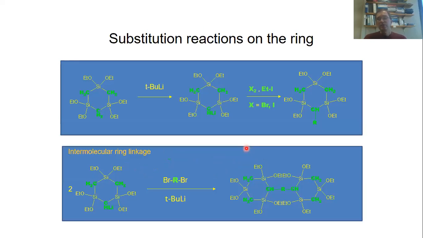All right, so this chemistry is even more versatile because the CH2 groups that bridge that ring have the property to be slightly acidic. So you can actually lithiate them with a strongly basic agent such as t-butyl lithium. And then subsequently, you can substitute that lithium using an electrophile, for example ethyl iodide.